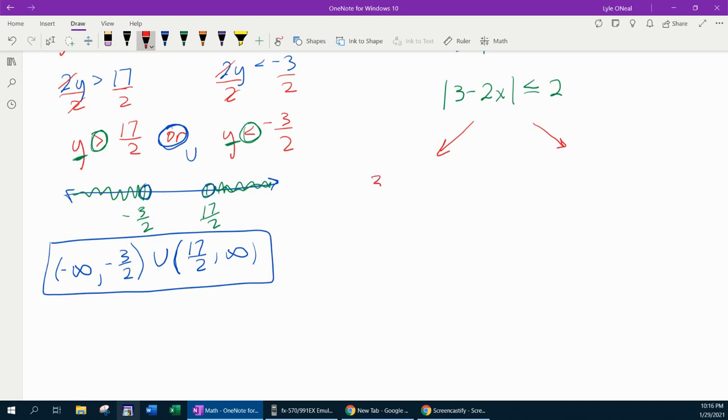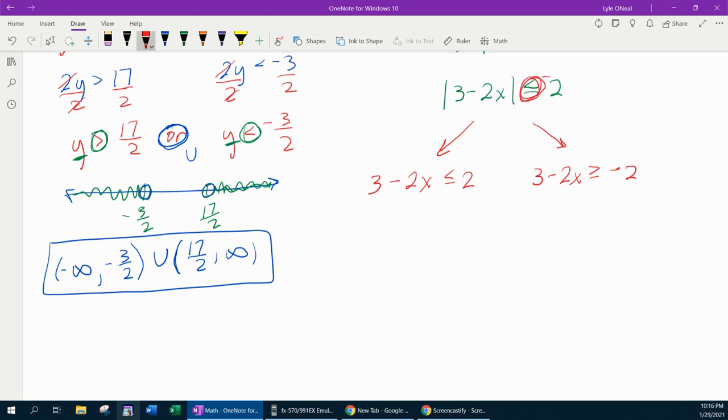And the first time you split it, you keep it the same: 3 minus 2x less than or equal to 2. The second time you split it, the only thing you change is the inequality and the sign of the 2. So when you split it the second time, you change the arrow and the sign.